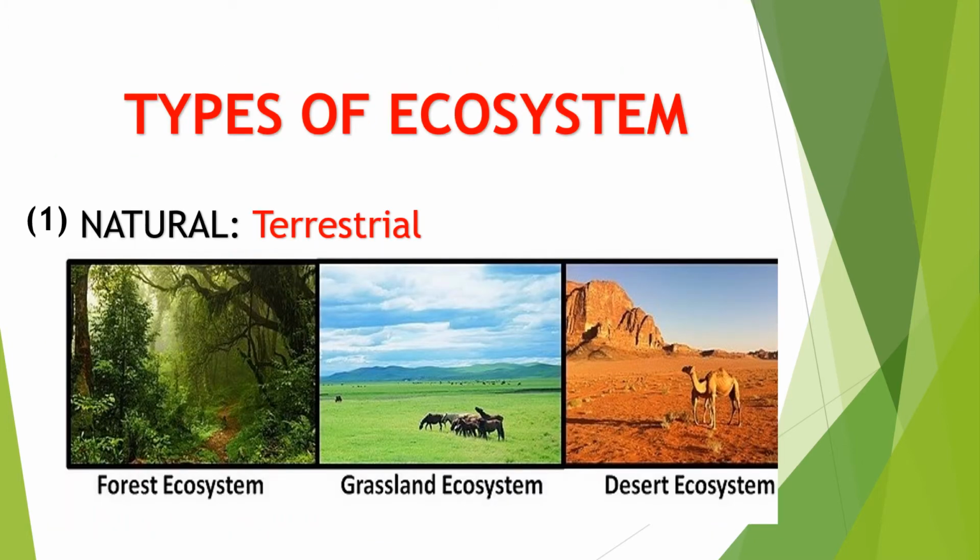Next is types of ecosystem. There are three types of ecosystem: natural terrestrial, natural aquatic, and artificial. First is natural terrestrial. Its examples are forest ecosystem, grassland ecosystem, and desert ecosystem.